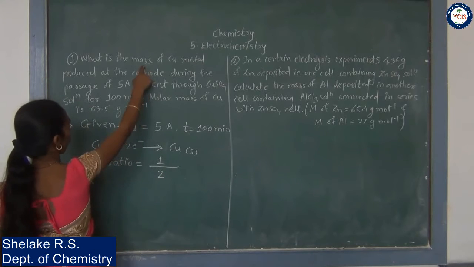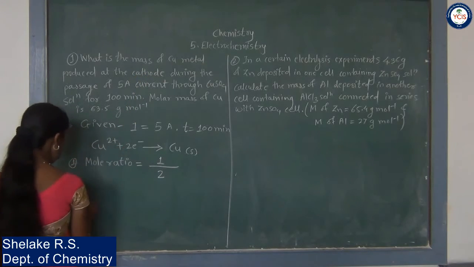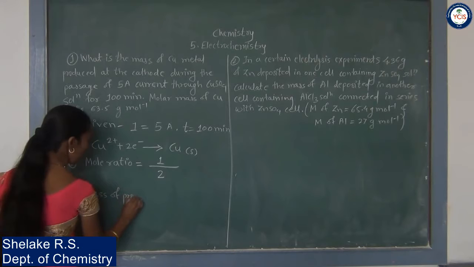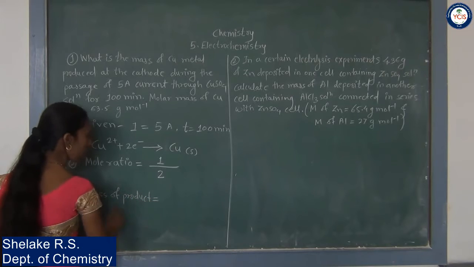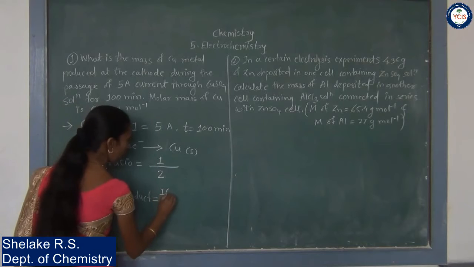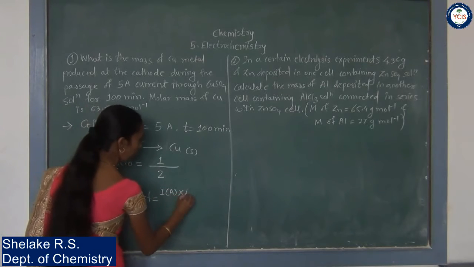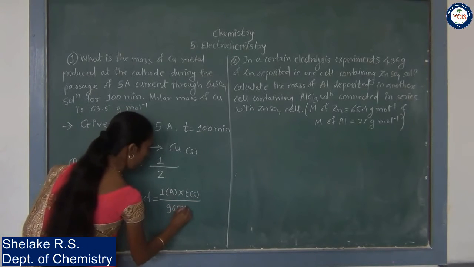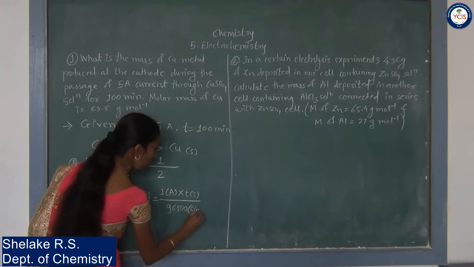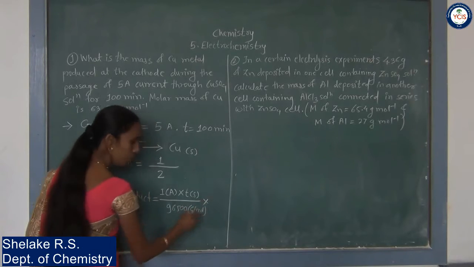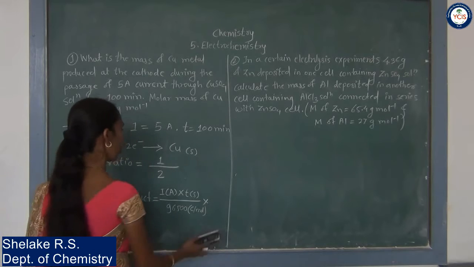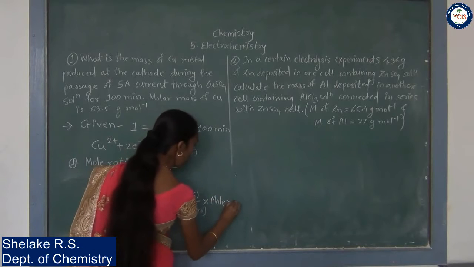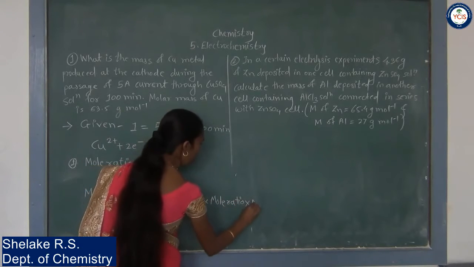Now what we want to find? The mass of copper. So the formula for that, I will write directly. Mass of product is equal to current in ampere into time in seconds divided by 96,500, its unit is coulomb per mole, into mole ratio into molar mass.